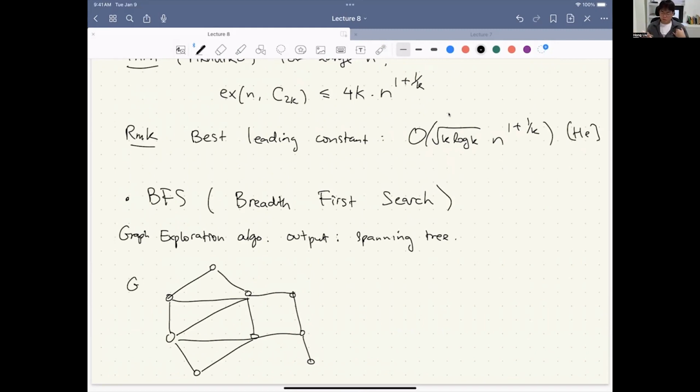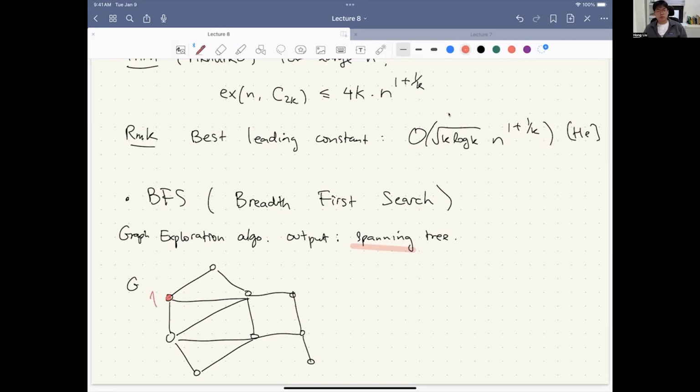We're going to output a spanning tree. Spanning means a subgraph, which is a tree of the original graph on all vertices. We're going to start with an arbitrary vertex. Let's say we start with vertex 1.